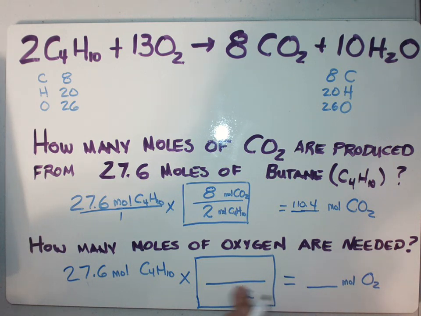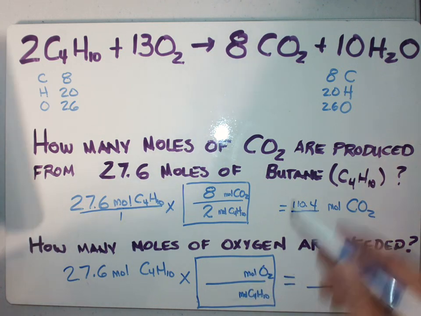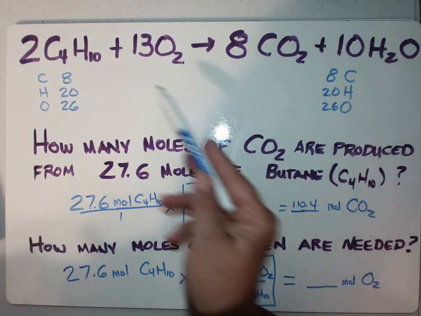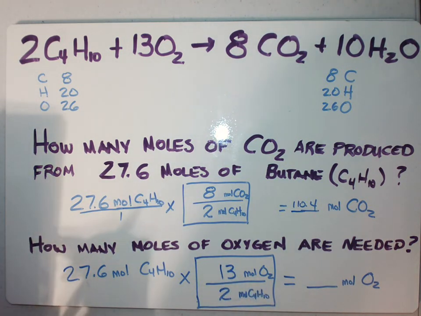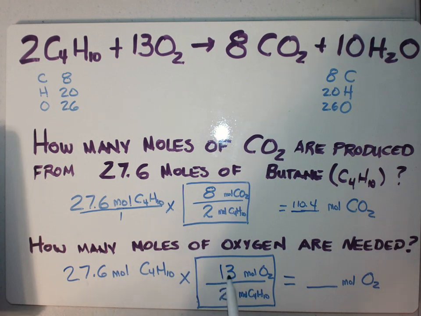I'm going to put mole C4H10 down here. I'm looking for mole O2 up top. Look back up here. You'll notice the 2 is still with the C4H10. And I look up here for my O2, 13. So then again, I take my calculator, 27.6, multiply it by 13, divide by 2.